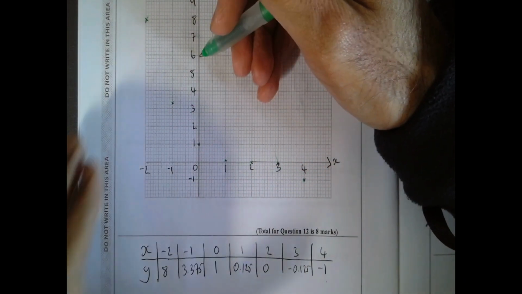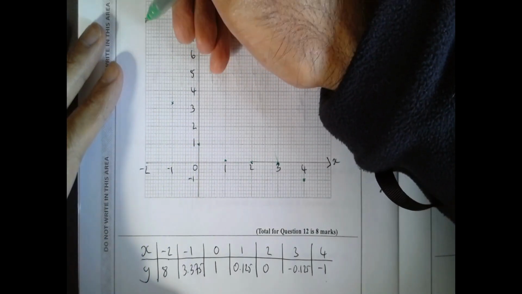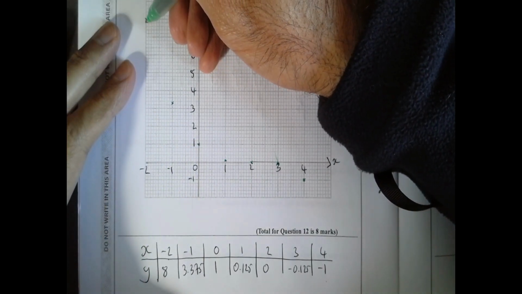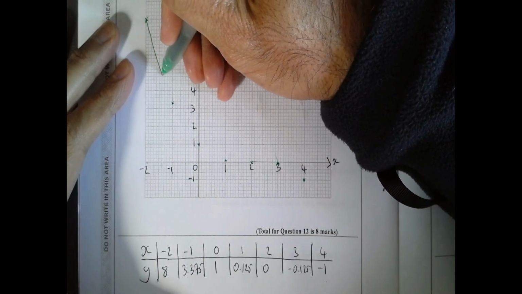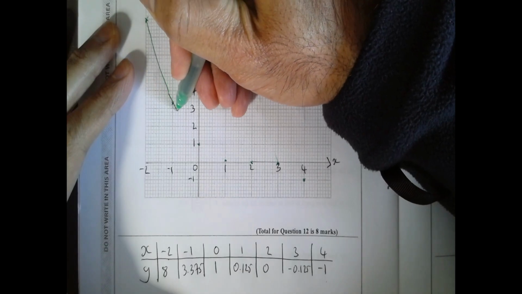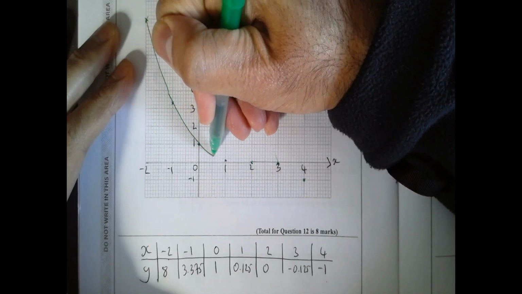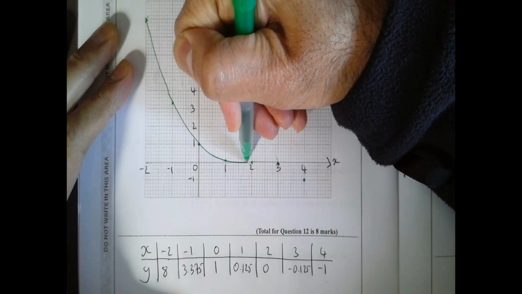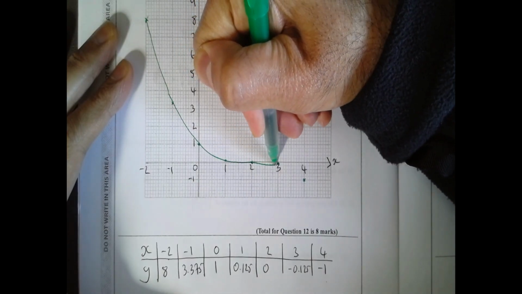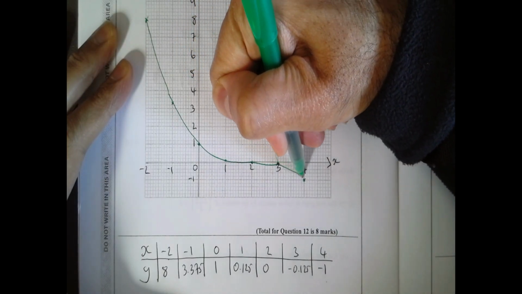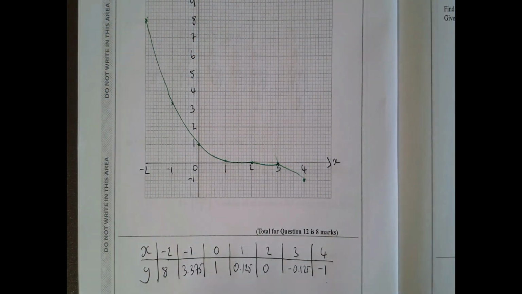So I'm going to be brave here and I'm going to try and draw this in my pen. So I might mess it up slightly. Let's see what happens. Okay, I'm happy with that. It should be a smooth curve.